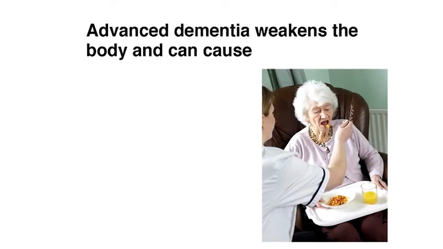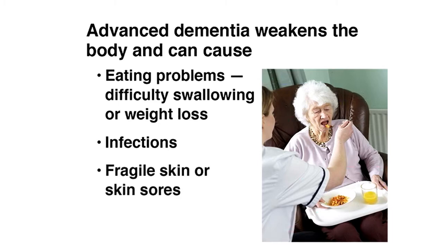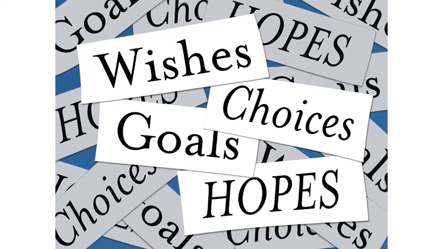Advanced dementia also weakens the body, and because of this weakening, it can make the person more likely to get other problems, such as eating problems, like difficulty swallowing or weight loss, infection in the urine or infections in the lungs, like pneumonia, fragile skin or skin sores which can become infected, and falls and injuries like bruises or broken bones.